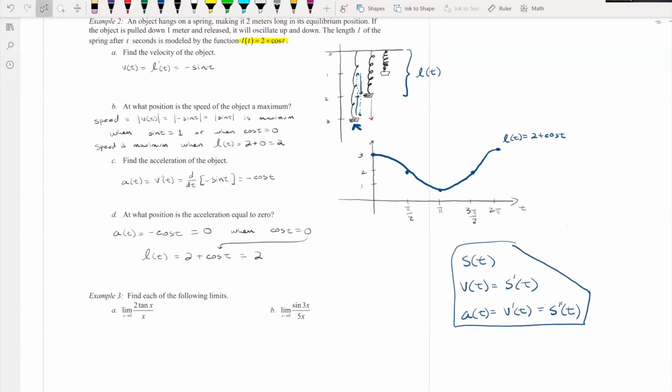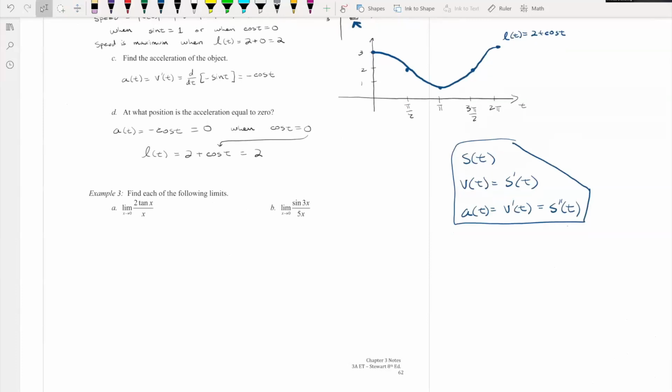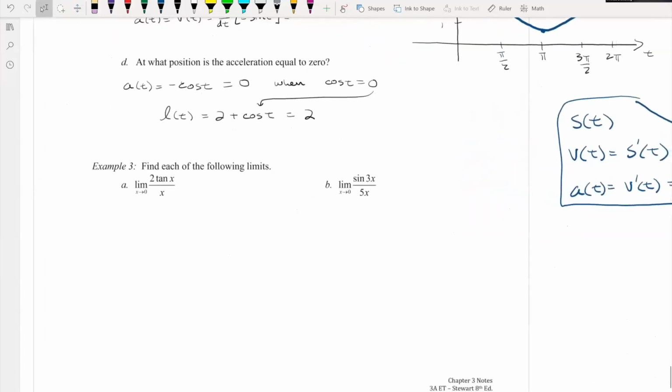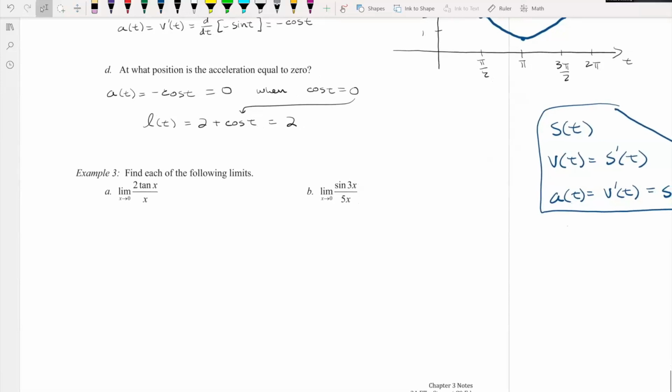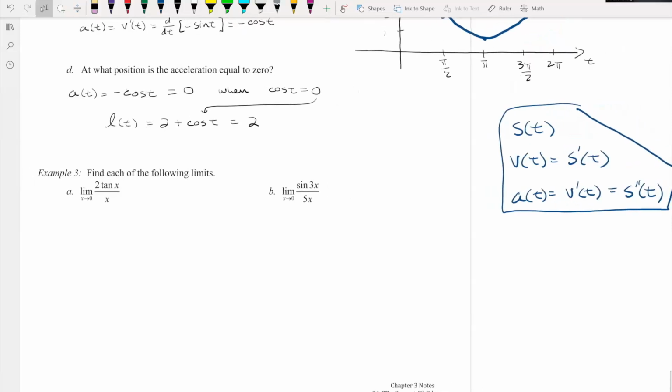All right, so we only have 2 little examples here, but both of them are going to use the limits that we talked about, the new limits in this section. One of them being, let me remind you, the limit as theta goes to 0 of sine theta over theta.